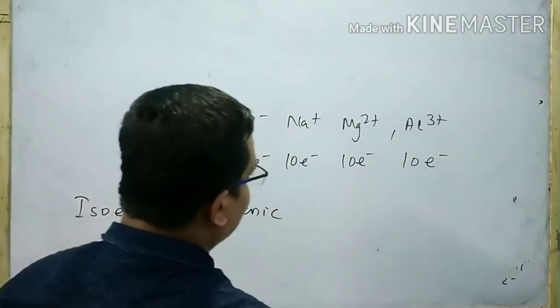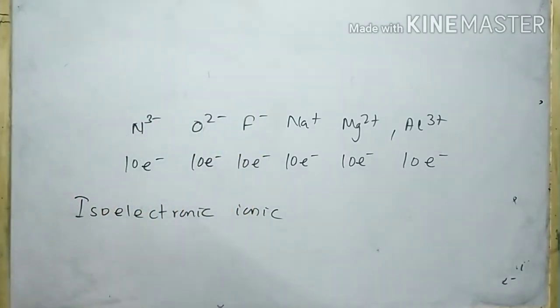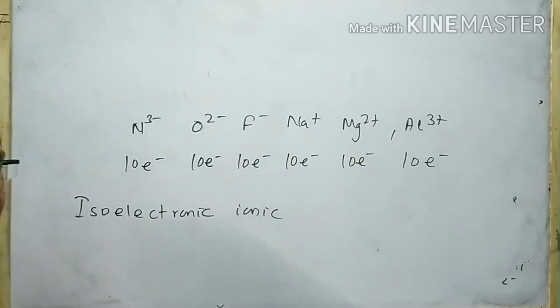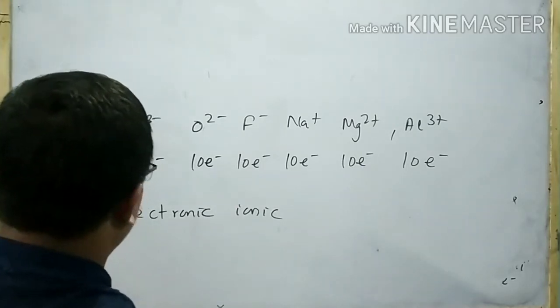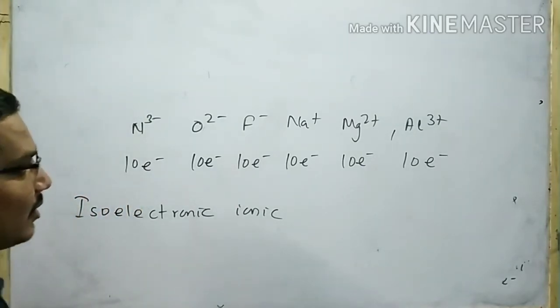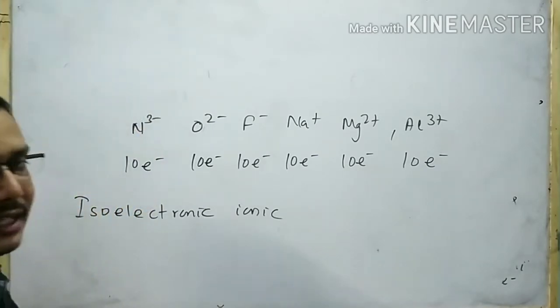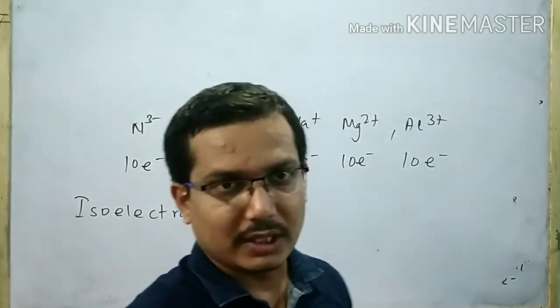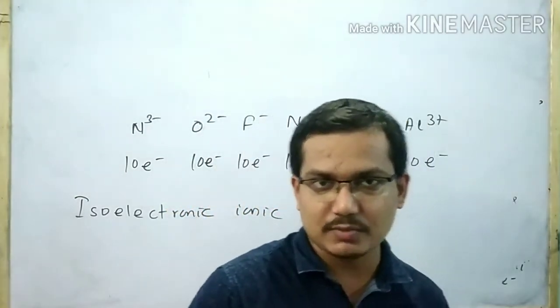Isoelectronic ions. Suppose I want to compare the ionic radii. Then how will I be able to compare them? For this case, we generally calculate the nuclear charge, that is the nuclear force. In which case is the nuclear force more?